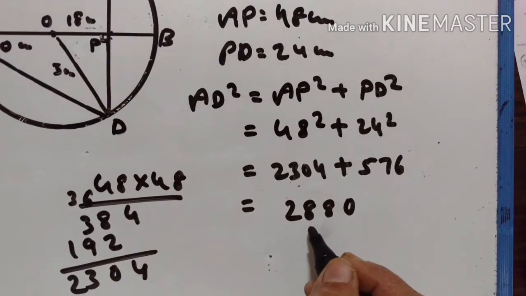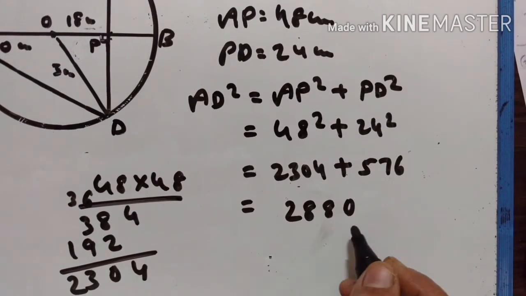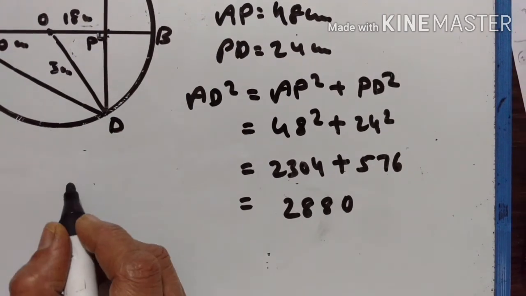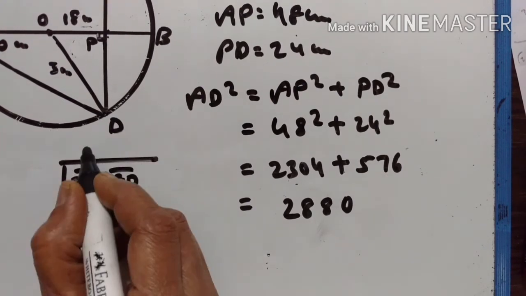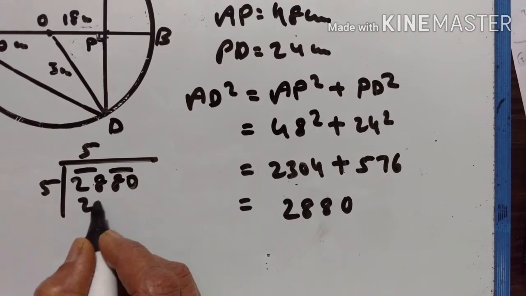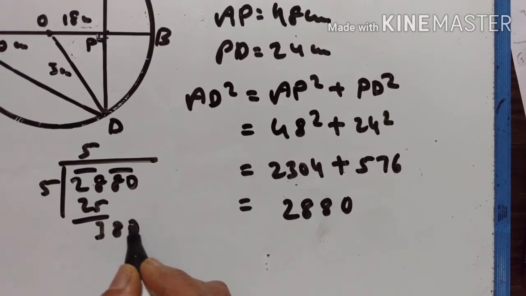So this is equal to 2880. Now the square root of 2880. 5 fives are 25, 3 remains.